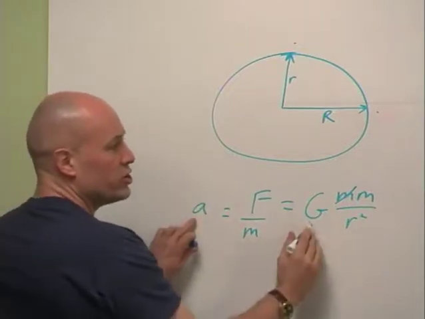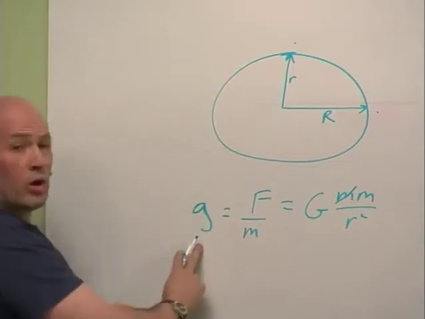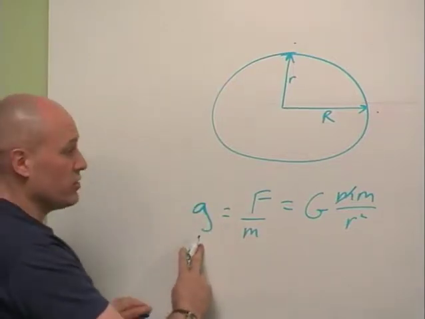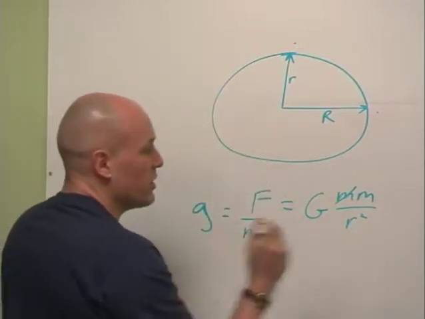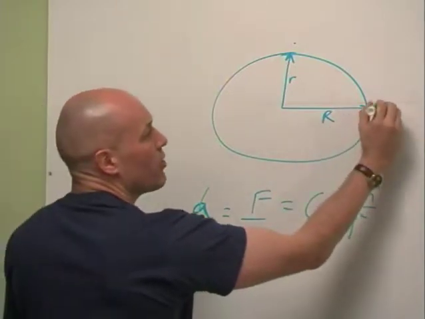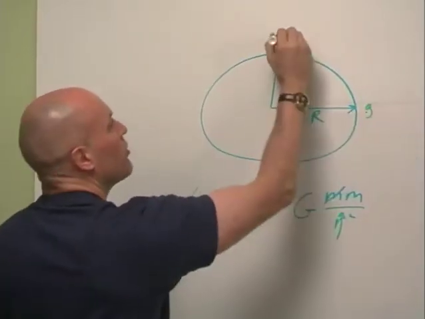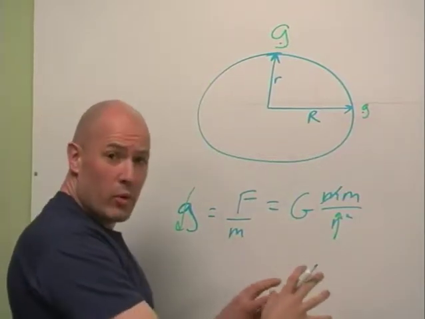So acceleration is GM over R squared, and this acceleration we'll call g, the gravitational acceleration. Okay, so we can see here that as R increases, g goes down. So g here is going to be smaller than g at the North Pole. Now let's keep that in mind when we do this problem.